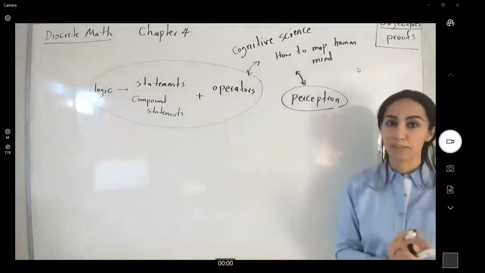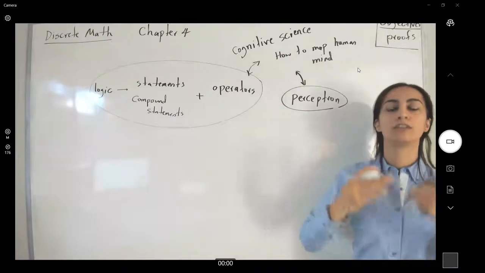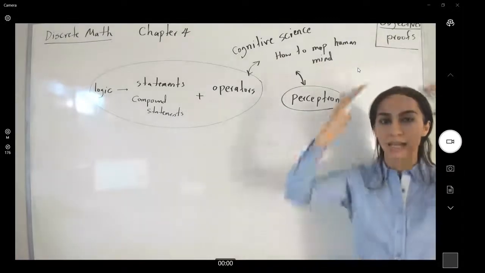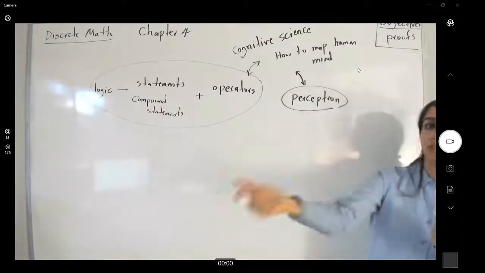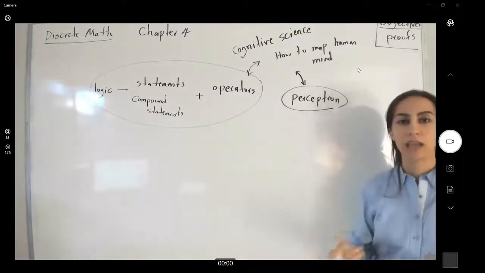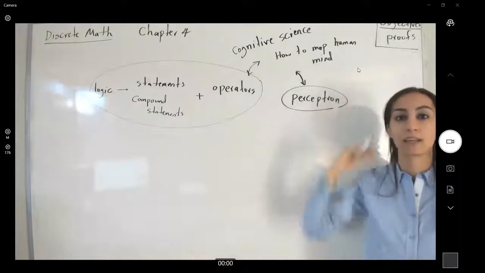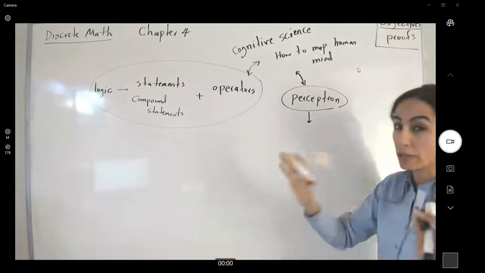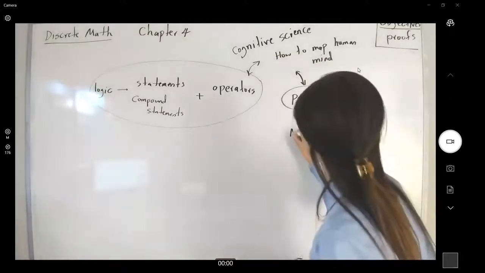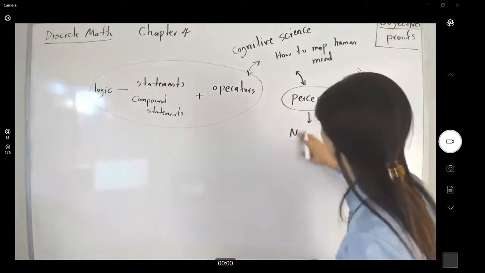They use perceptron to define neural networks, how our brain works, how our mind perceive different things and interpret that, and then we analyze it using logic. This is one of the examples in many neural networks.